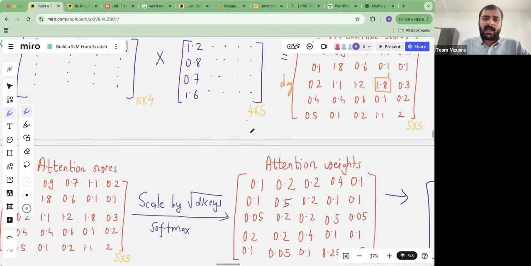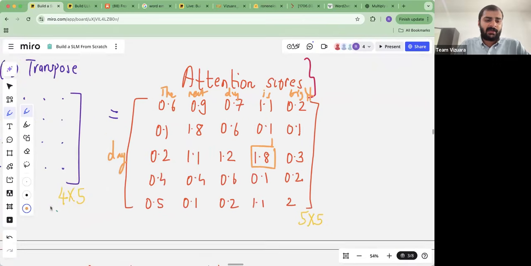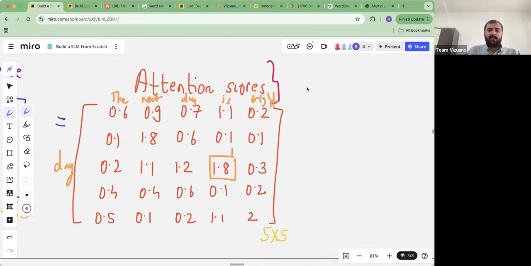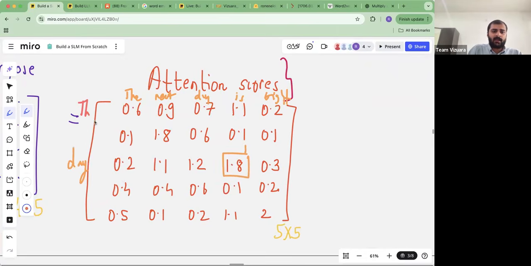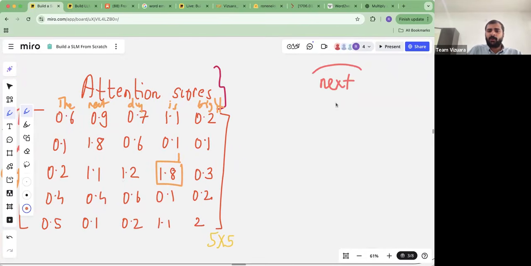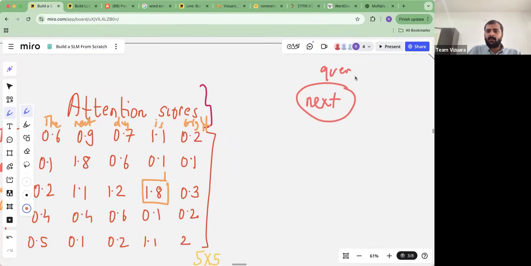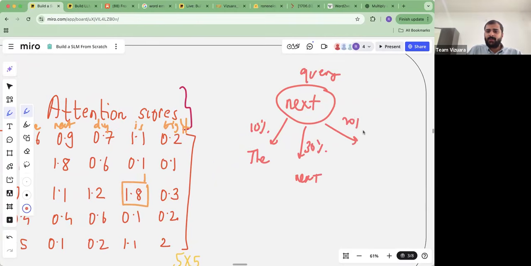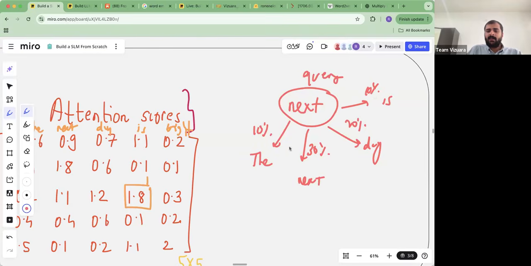So the first step is to multiply the queries with the keys transpose and get the attention scores matrix. But the issue here is that this is a very weird matrix, right? If I'm going to look at next as a query, I want to make predictions like: pay 10% attention to the, pay 30% attention to next, pay 20% attention to day, pay 10% attention to is, and pay the remaining 30% attention to bright.